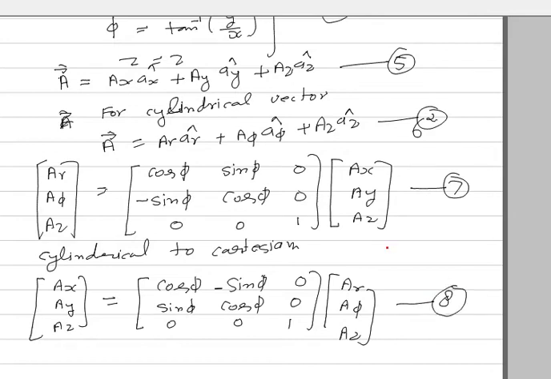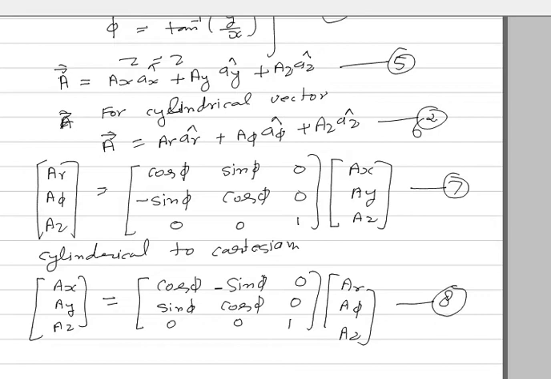Dear students, see here, suppose you have a Cartesian vector and you want to convert it into cylindrical. First of all use these equations, put the values of ax ay az and determine the values of ar a phi az. After determining these values, put them in equation 6. Then you will find the complete conversion from Cartesian to cylindrical. Similarly, suppose you have a cylindrical vector and you want to convert it into Cartesian, use the second matrix equation.